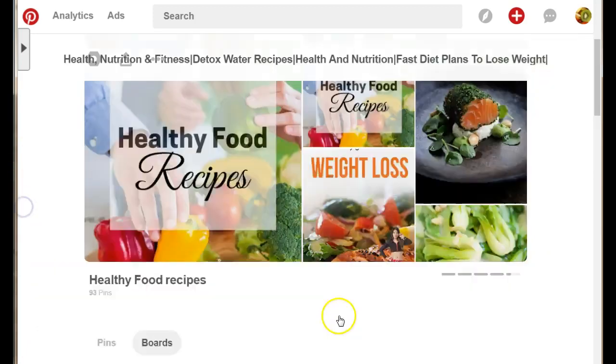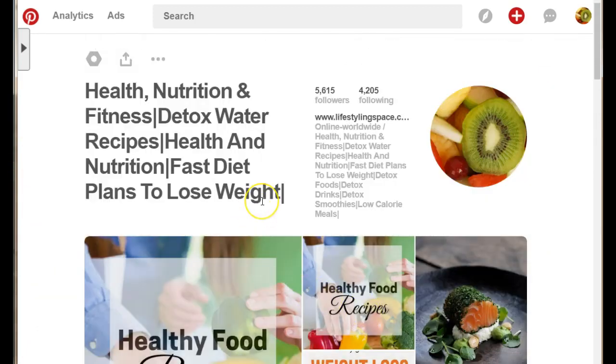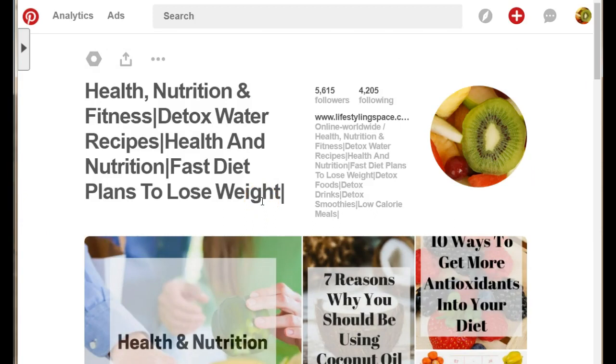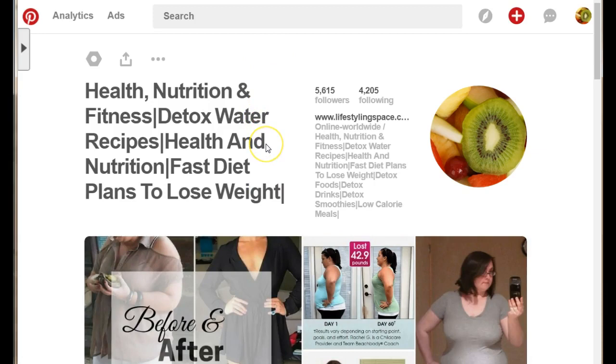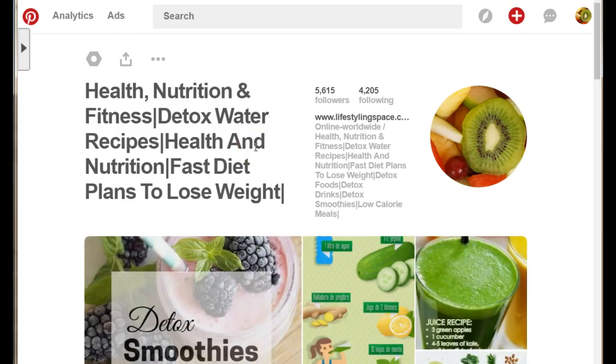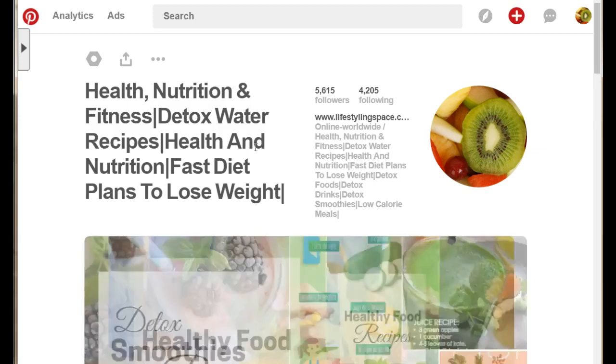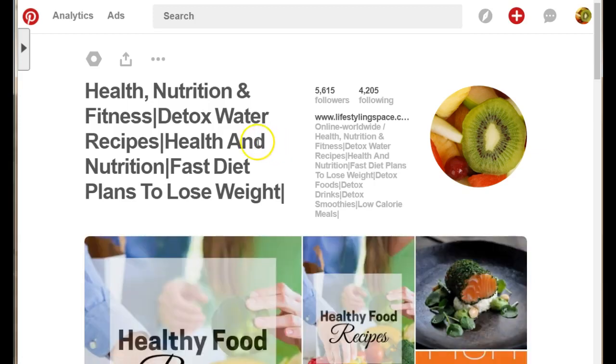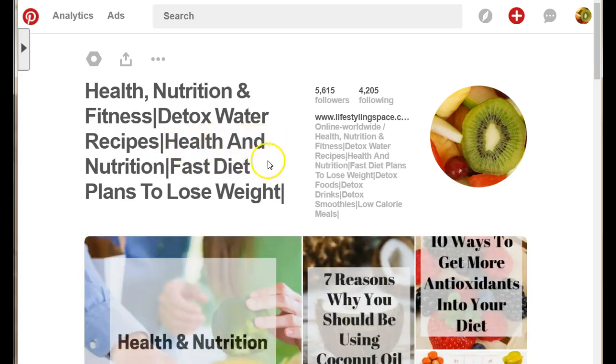Yeah, and so this is how you can show your pins to hundreds and thousands of non-followers on Pinterest. You go ahead and do that. If I show you another Pinterest account that I have with less than 100 followers and the amount of engagement I'm getting, you would be surprised because of the audience interest.